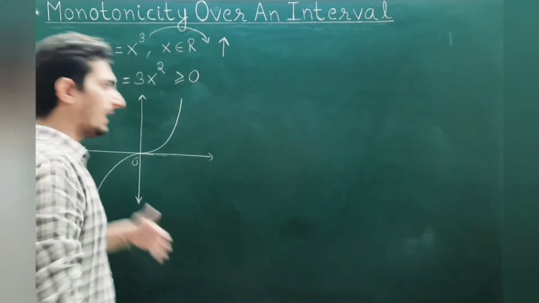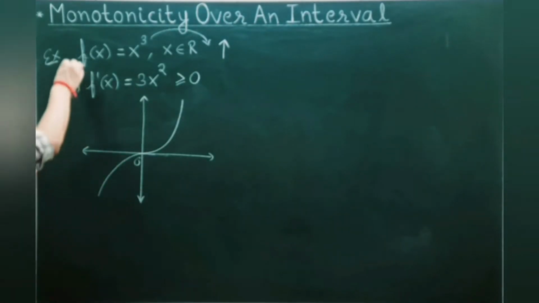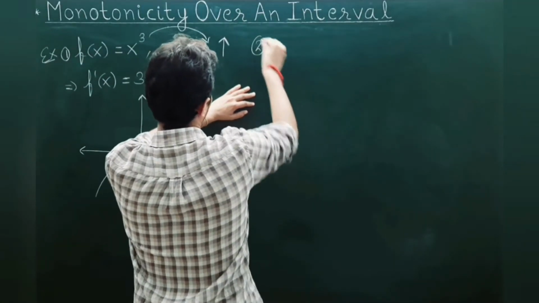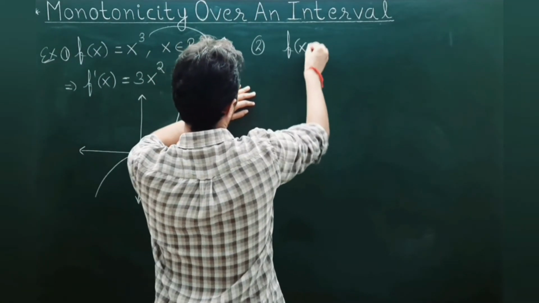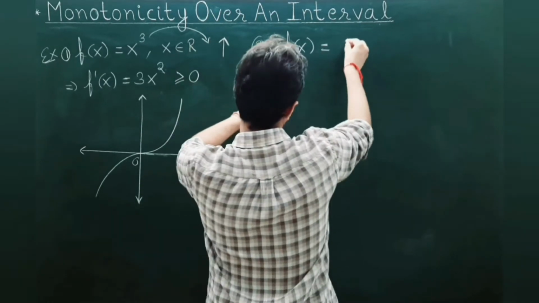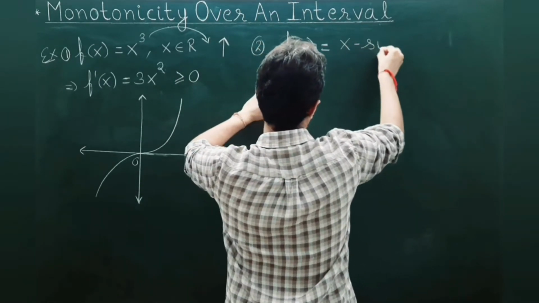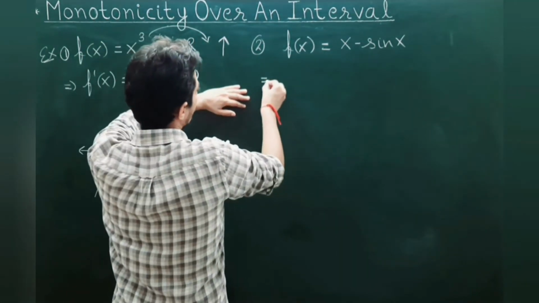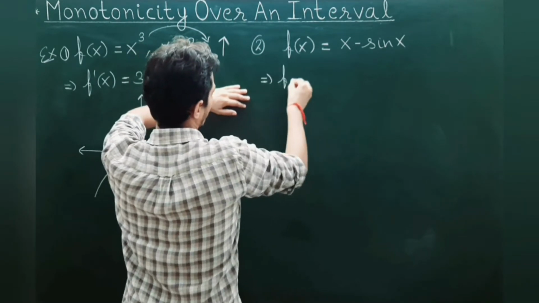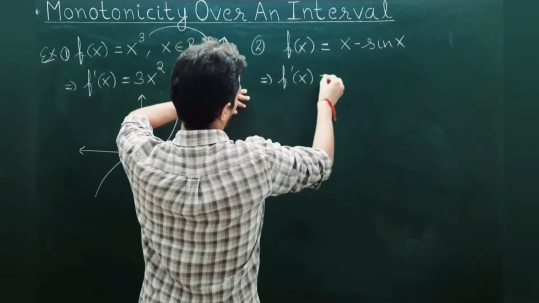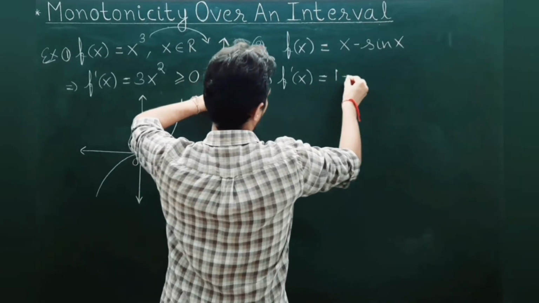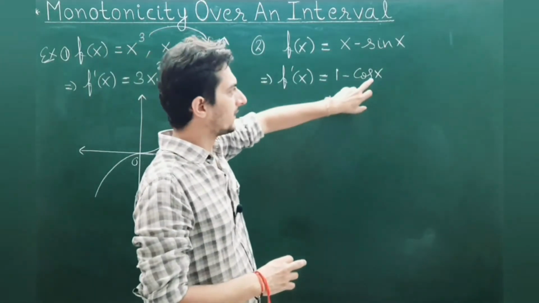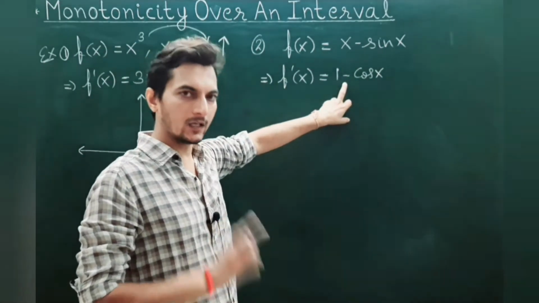So let me take another example to understand it more, right? So for example, let's say we have f(x) equals x minus sine x, and if I differentiate it, f'(x) is 1 minus cos x, and you can clearly see that cos x is always less than or equal to 1, right?